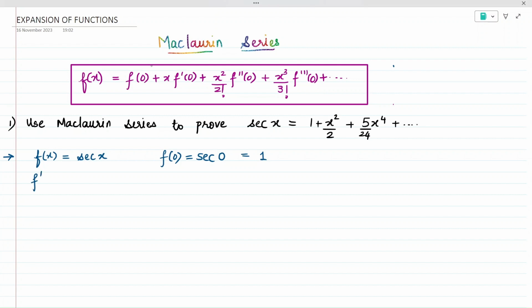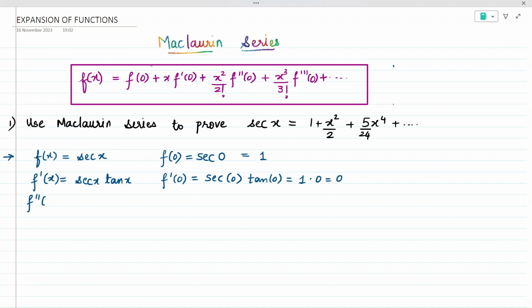Second thing we need to find is f dash. So sec का डेरिवेटिव होता है sec into tan. f dash में जब 0 डालोगे आपके पास होगा sec 0 into tan 0. अब यहाँ पे tan 0 is 0, so I'll actually get 1 into 0, which is 0.